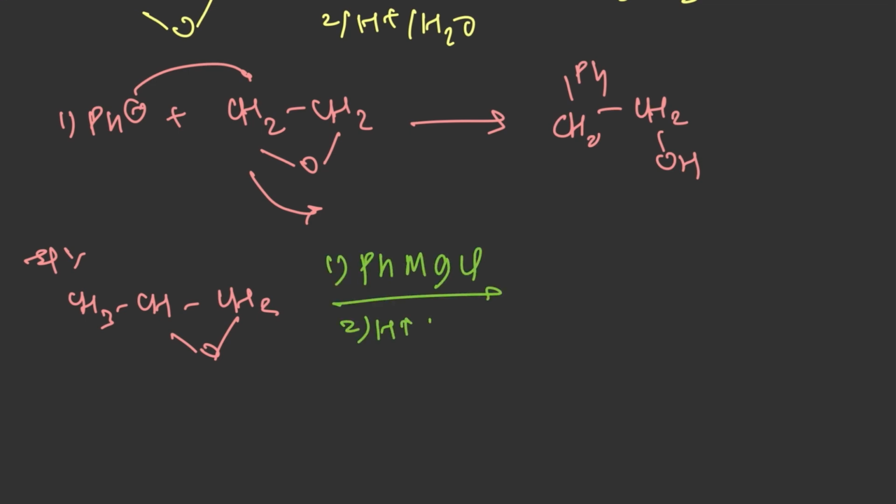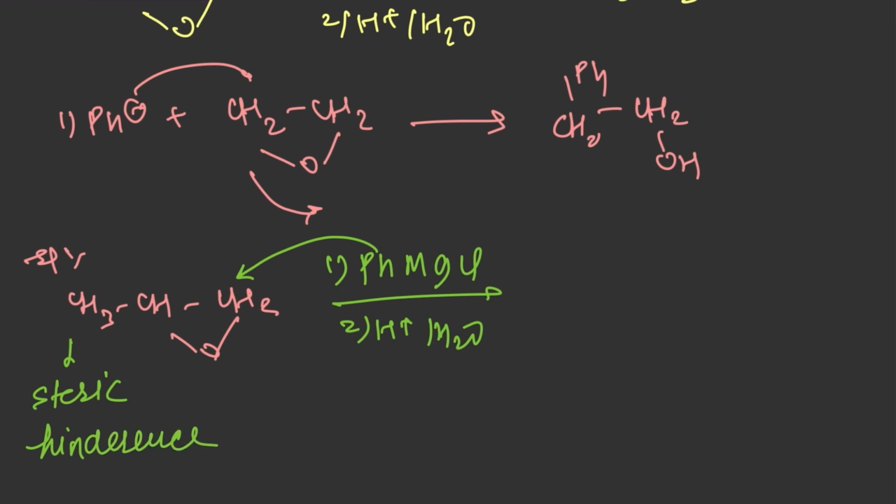It could attack on this side and also this side, let's say A and this is B. So it can attack through path A and also through path B. But it is easier to attack through path B, because the methyl group will provide steric hindrance. Hence it will not prefer to go by this. So it will form CH3CH(O⁻)CH2Ph.